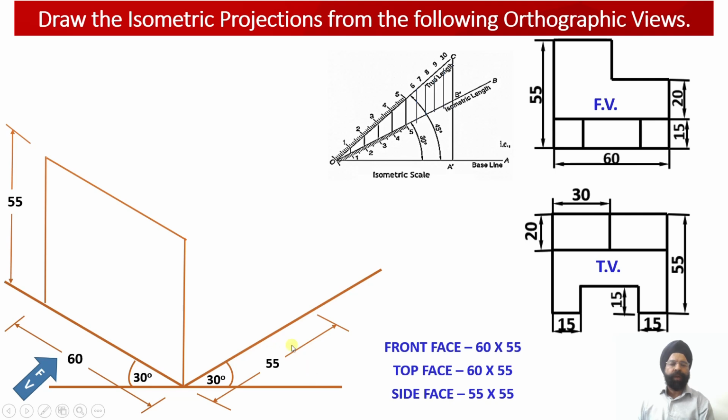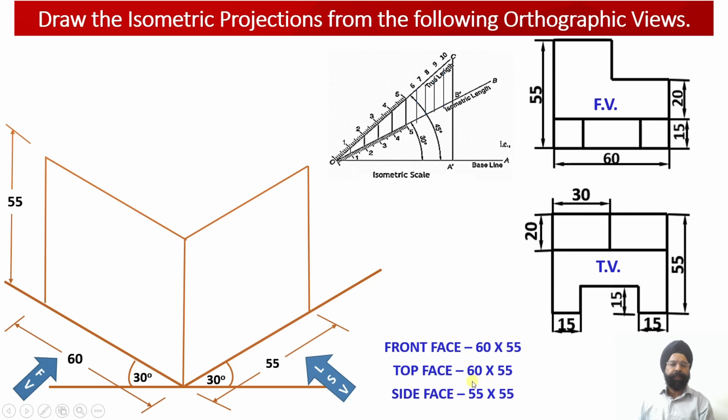So in order to complete the right hand side view face, we have to draw this isometric edge measuring 55 millimeter parallel to the z-axis, and this isometric edge, again measuring 55 millimeter, has been drawn parallel to the y-axis.